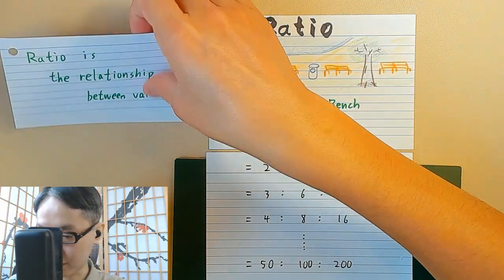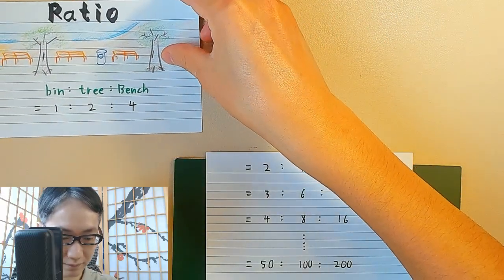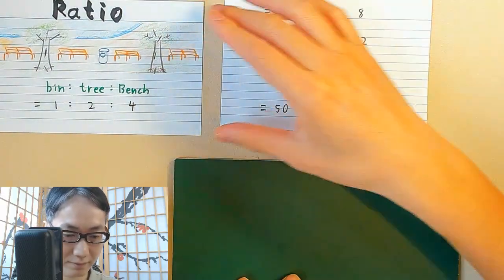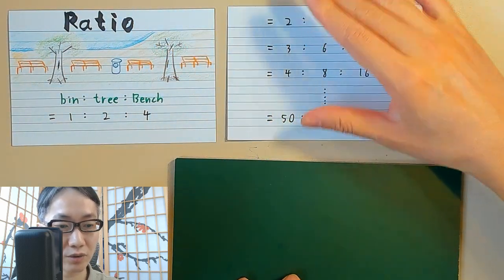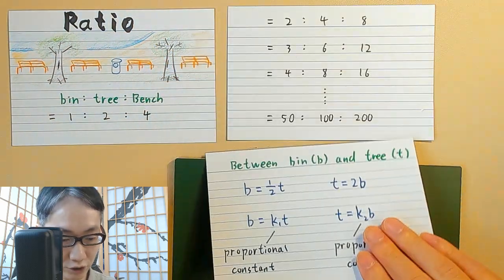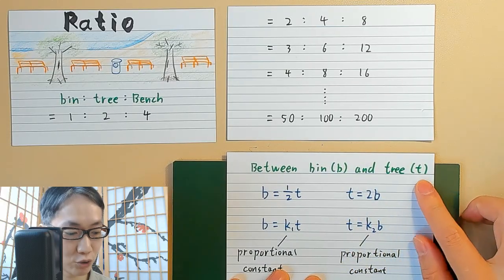So in here, we can use an equation to represent their relationship. Let's say bin is small b and tree is small t.